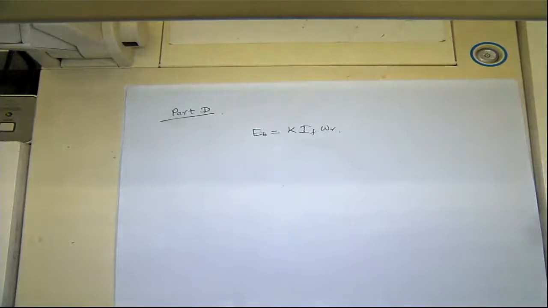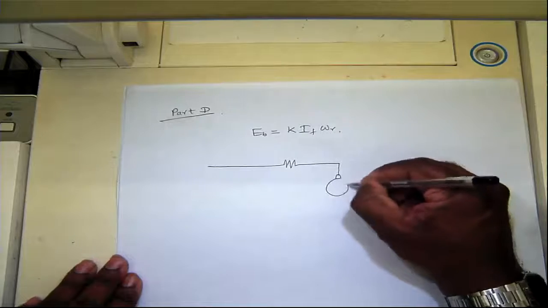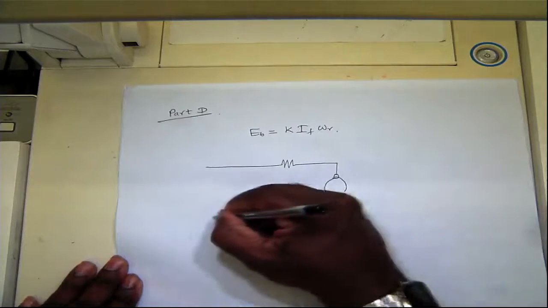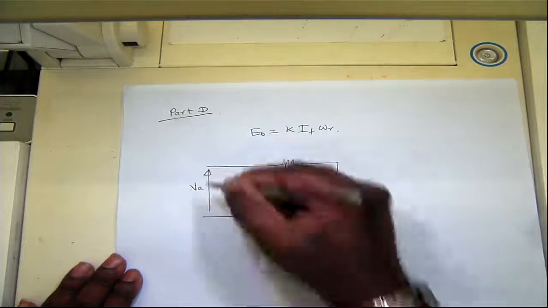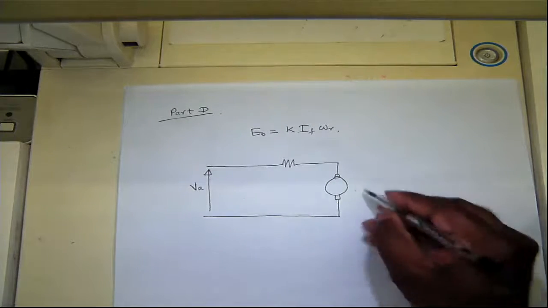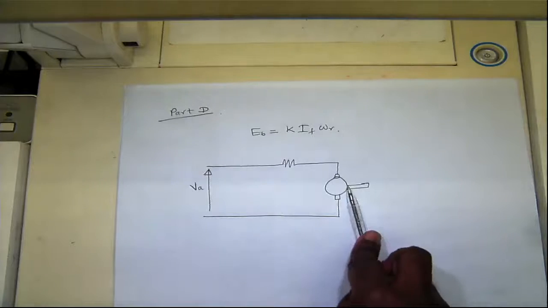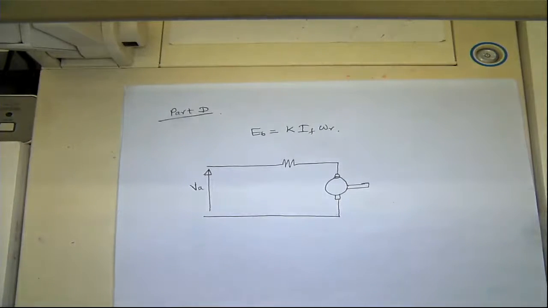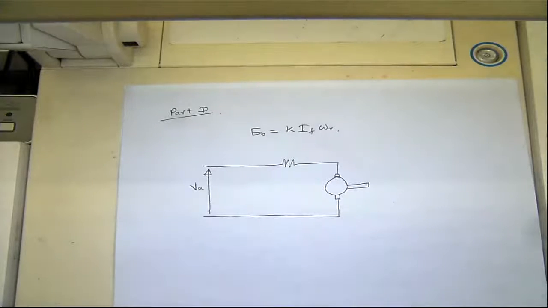If you look at the equivalent circuit, you are applying a certain voltage here. If you are working in variable speed operation and you want to run this motor above the rated speed, let's say exceed 1500 RPM, then your supply might be limited at a specific upper voltage limit.